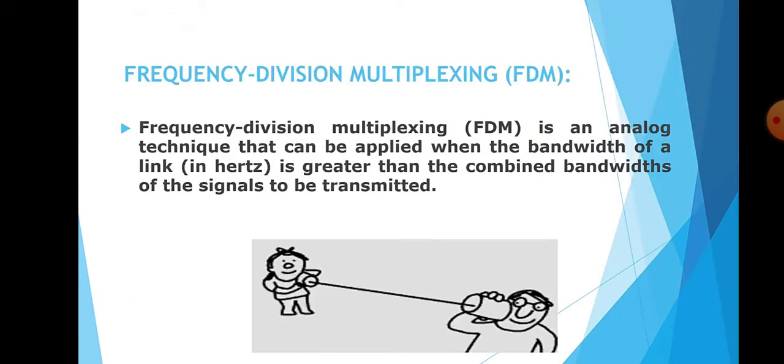First we'll take frequency division multiplexing. Frequency division multiplexing or FDM is an analog technique. That can be considered whenever the bandwidth of the link is greater than the combined bandwidth of the signals which are to be transmitted. In such instance, the bandwidth can be shared among the devices.